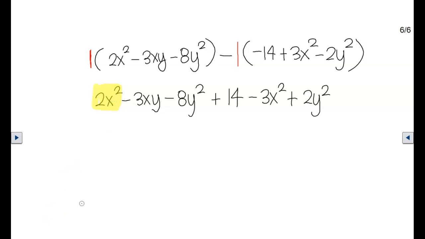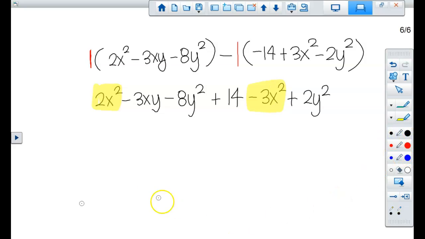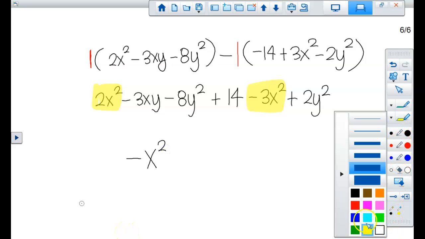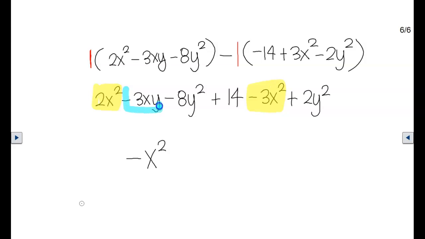So 2x squared and negative 3x squared are like terms. 2 minus 3 is a negative 1, so we now have negative 1x squared. All right, we have negative 3xy, which is like nobody.